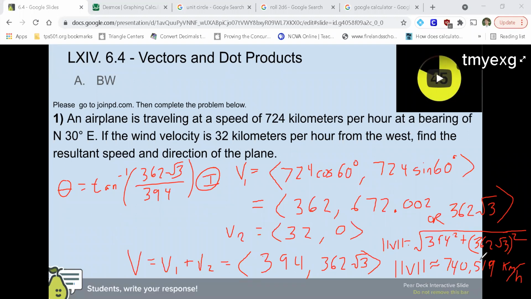Our x and y values are both positive, so we don't need to worry about moving this angle to a different quadrant. If you do the tangent inverse of 362 square roots of 3 divided by 394, you get that the new angle is about 57.855 degrees. So basically the plane was pushed about 2.5 more degrees to the east, or 2.5 more degrees clockwise.